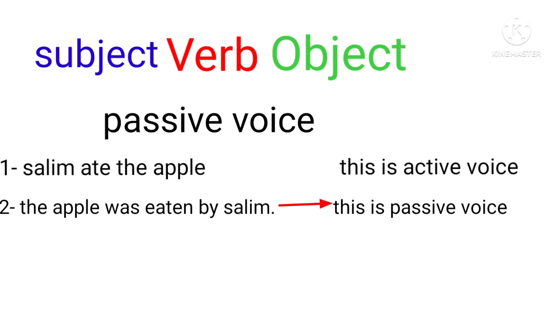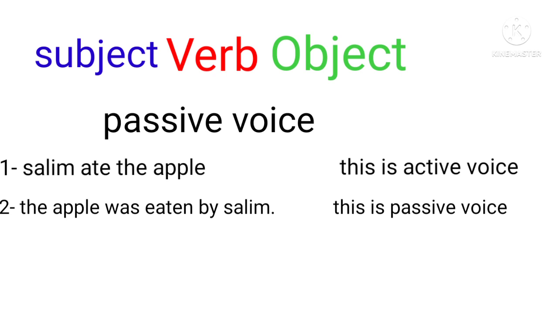Now let's look at the verb. Now there are two words for the verb instead of just one. Now we have was. Salim ate the apple. The apple was eaten by Salim. You see, here we have was. In the active voice, we don't have the was. But in the passive voice, we have an extra word, was.